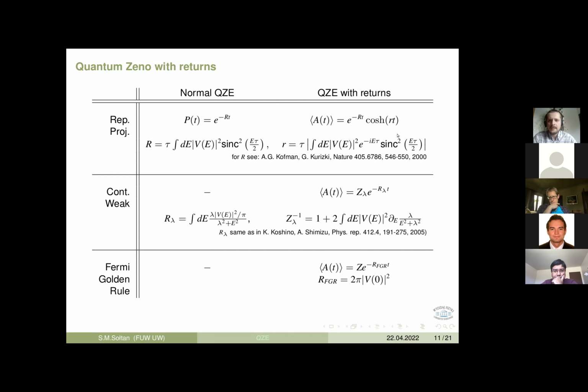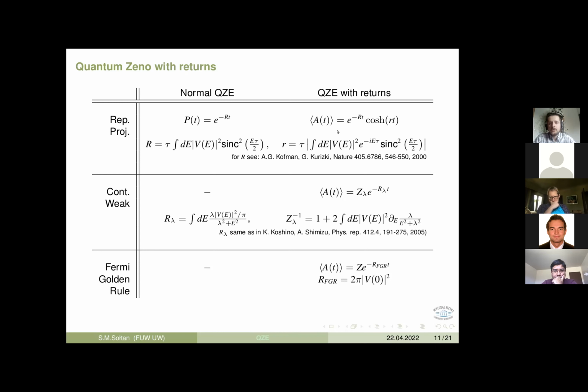But anyway, if we do the same analysis for repeated projective measurements, then we obtain, with some approximations, a very similar result, the same exponent, but modified by a hyperbolic cosine function. This small r is rather small compared to the big R, so the correction is not so big. So indeed, these two effects are related, and I think that both could be named Zeno effects, with some distinctions, of course.